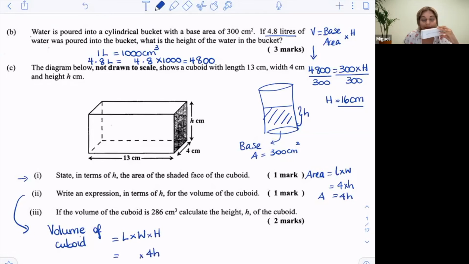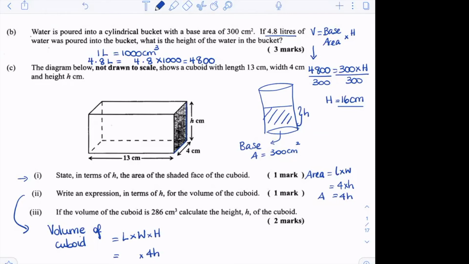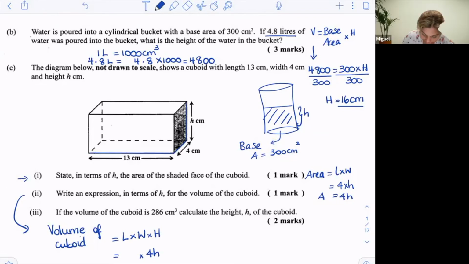What is the length? What is the missing length that we did not use as yet, because we used 4 and we used H? 13. 13, very good. So 13 is part of my answer. So multiply 13 by 4 and write the volume.